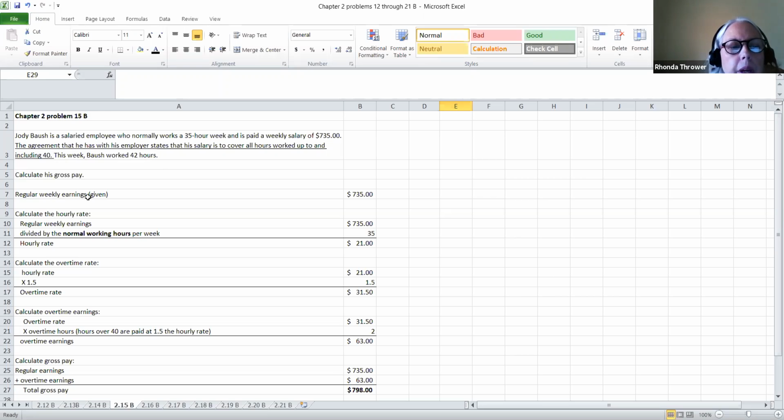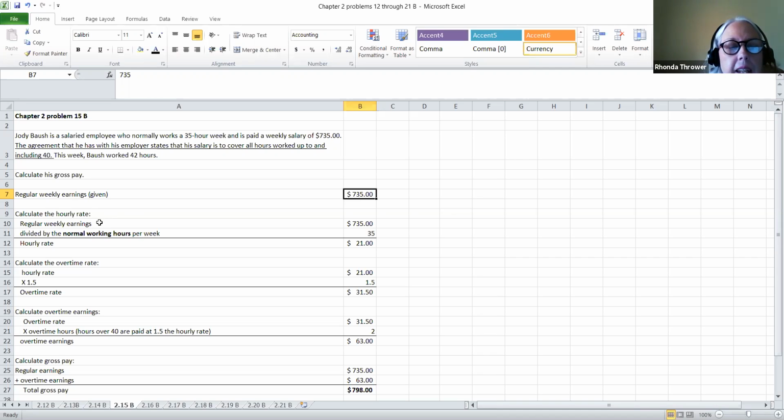So first of all, we have to find the regular weekly earnings, and the regular weekly earnings were given. That was $735. This was a given amount. Then in order to figure out the overtime, we need to know what the hourly rate is.